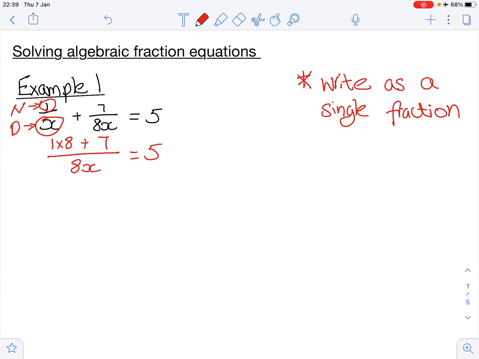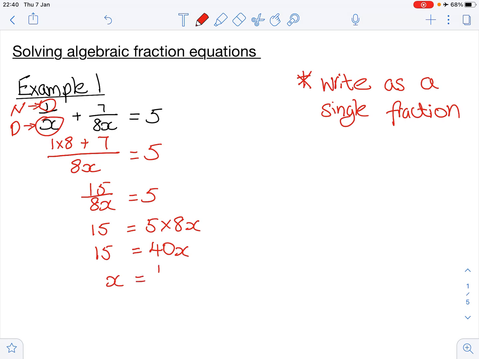Then to simplify this, 1 times 8 is 8, plus 7 equals 15 over 8x equals 5. Then just solve as a normal fraction, so 15 equals 5 times 8x, which is 15 equals 40x.